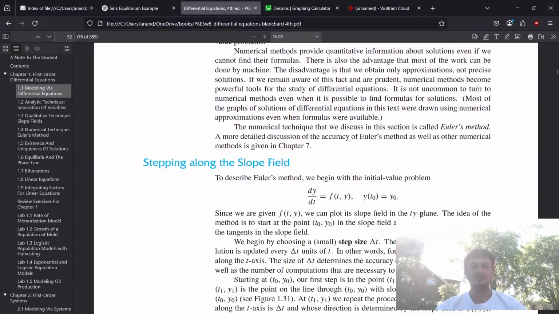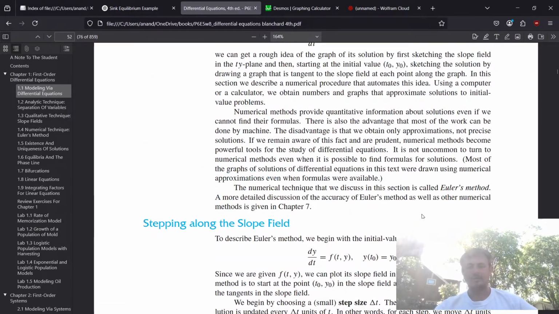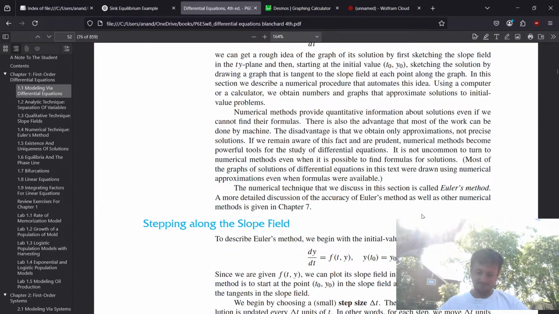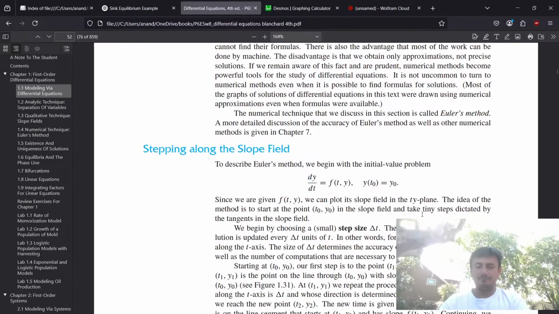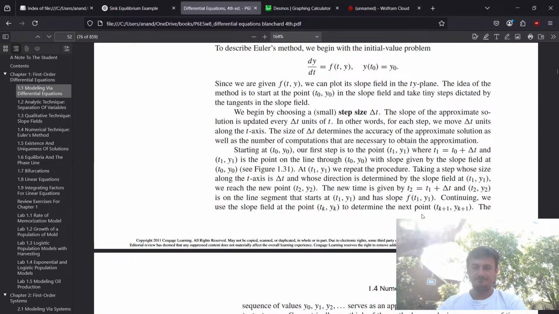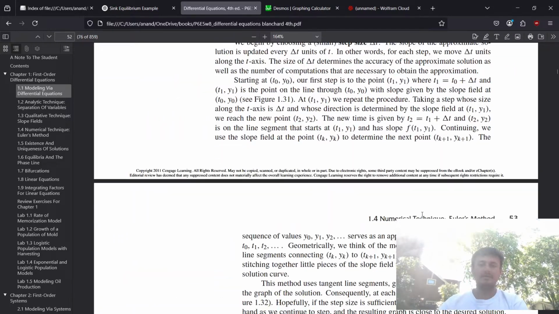Okay, Euler's method. (1.4) Euler's. The main thing here is, it's just so basic.